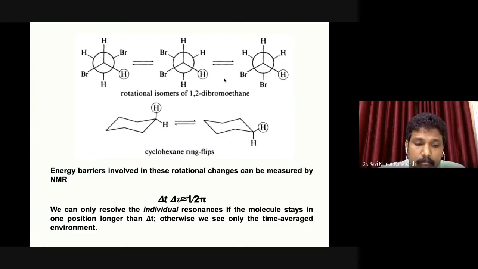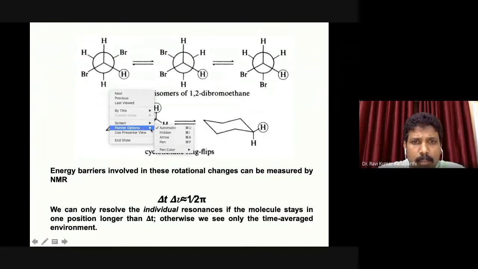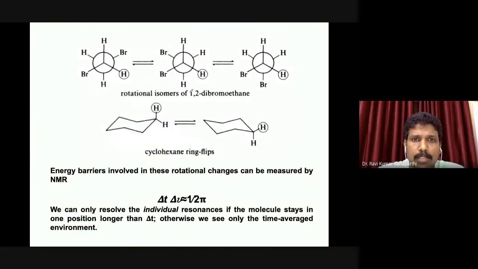Okay, but it is again possible to write down the Newman projection conformers for this ethane molecule. If you strictly look into the Newman projections of 1,2-dibromoethane, let's concentrate on this particular proton, which I have labeled with this round mark. This particular proton is present in different environments.